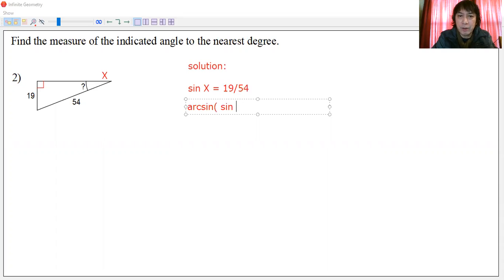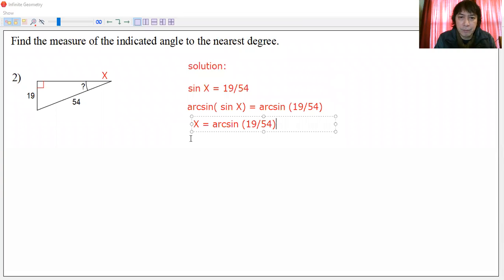And then we continue taking the arc sine or inverse sine of both sides. So this will be arc sine of the ratio 19 to 54. And this we have x is equal to arc sine of 19 over 54. And so x is equal to, we make use of our calculator.